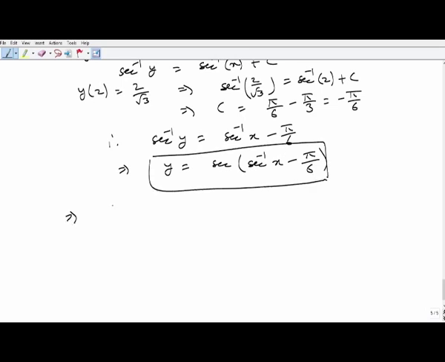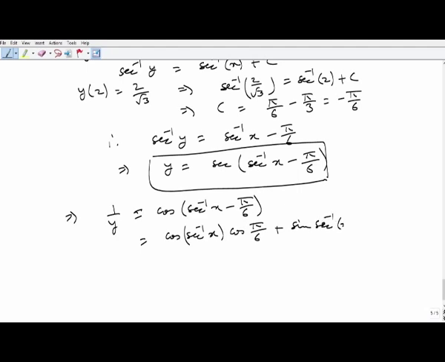So, this will imply 1 by y is equal to cos of (secant inverse x minus pi by 6), and then by using the formula for cos of (c minus d), we get this is cos of secant inverse x times cos of pi by 6 plus sine of secant inverse x times sine pi by 6, which is equal to cos of secant inverse x will be 1 by x and cos pi by 6 is root 3 by 2 plus sine of secant inverse x is square root of 1 minus 1 by x square times sin pi by 6 will be equal to half.